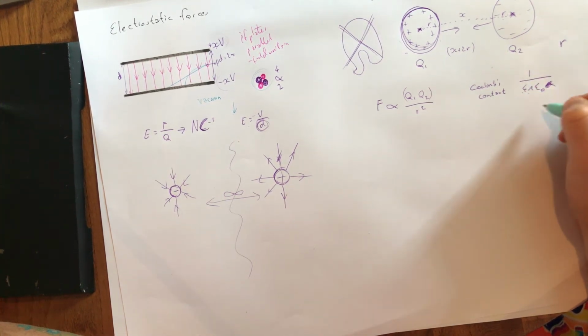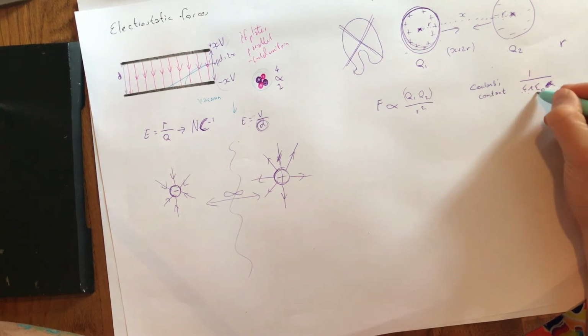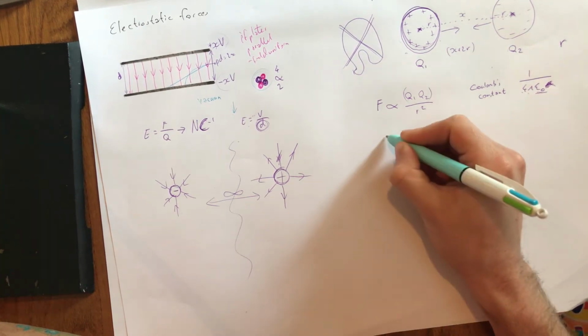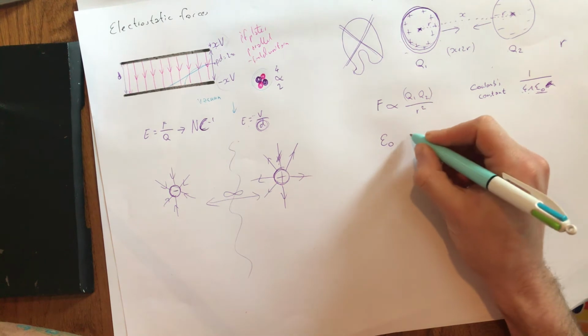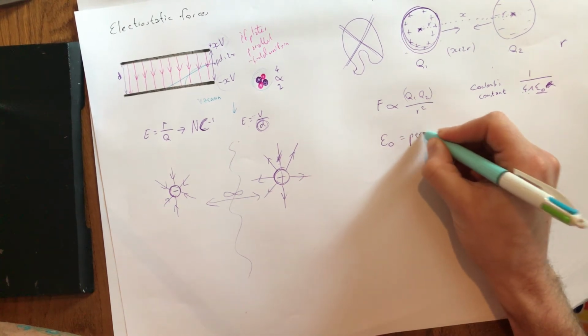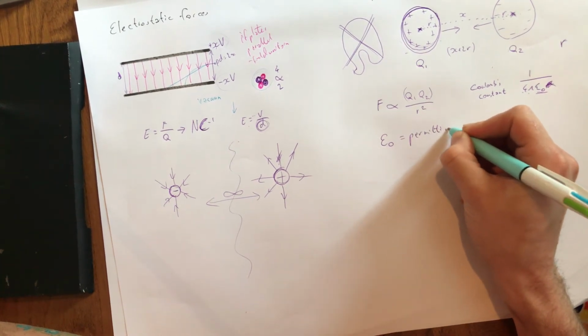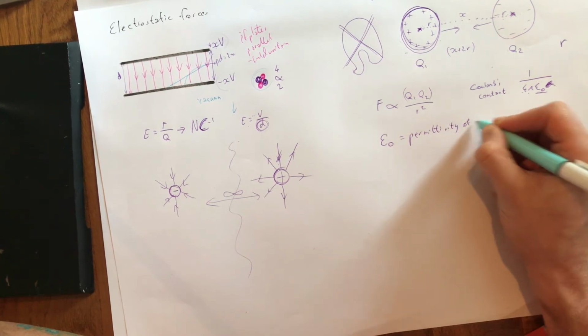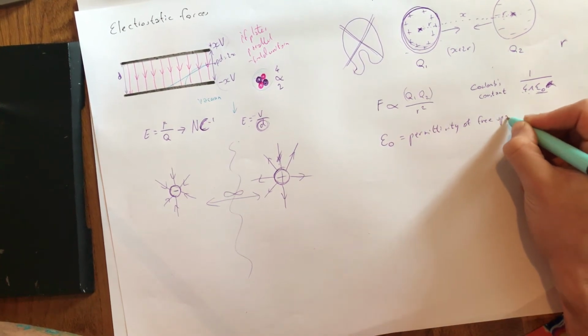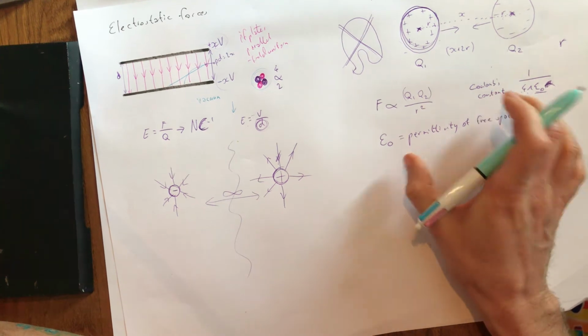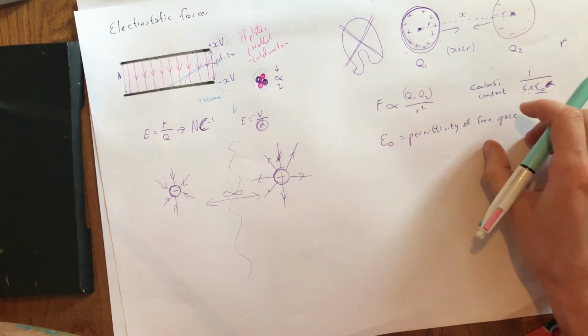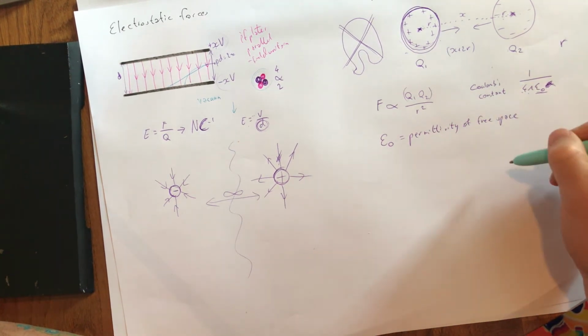Okay, so 4 pi you're probably fairly familiar with, but what is this thing here, epsilon 0? Just a curly E. So this is what's called the permittivity of free space. So this is imagining a perfect vacuum, which we can approximate in certain labs.